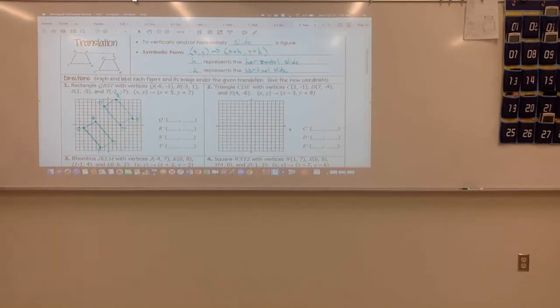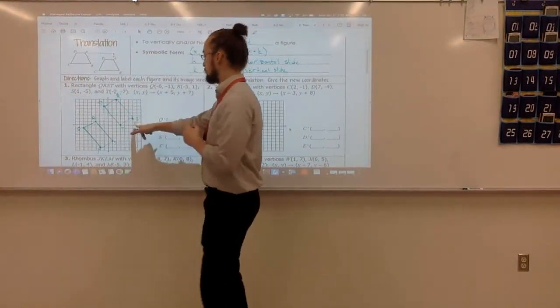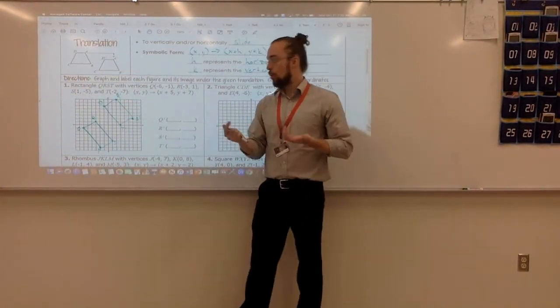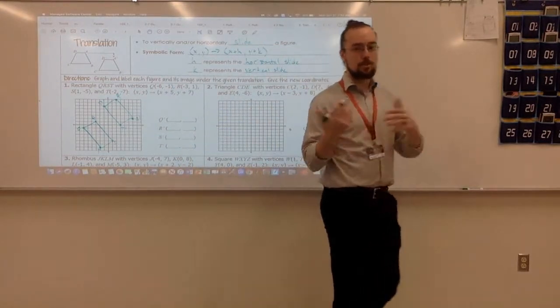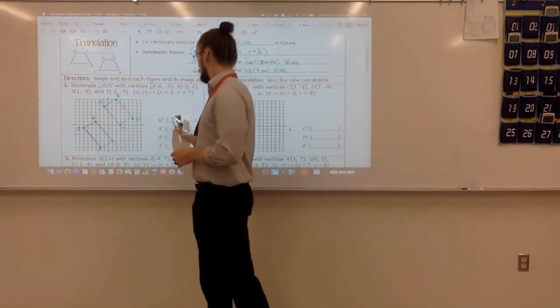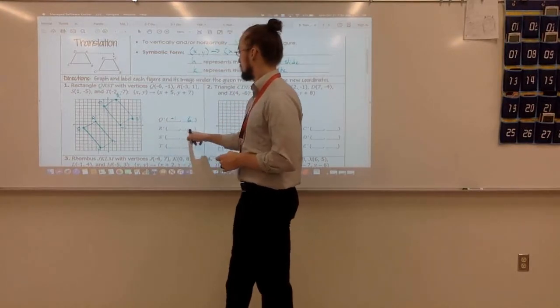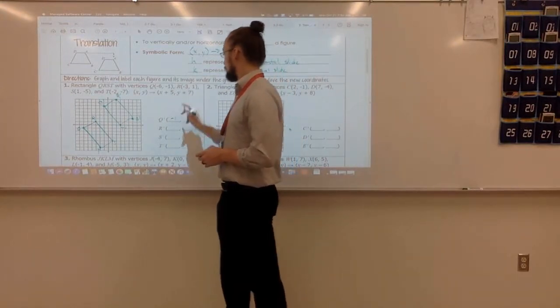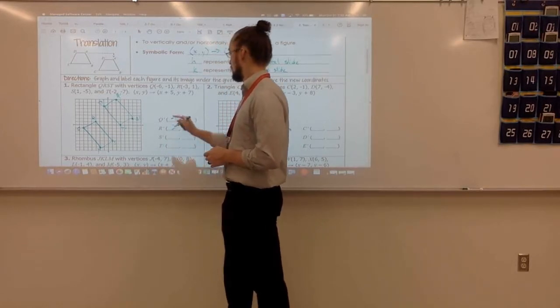Then we want to list the coordinates. We could go to the graph and pick out each coordinate point, or we could just take our original coordinates and add 5 to each x, add 7 to each y. So Q prime will be at (-1, 6). R prime will be at (2, 8).